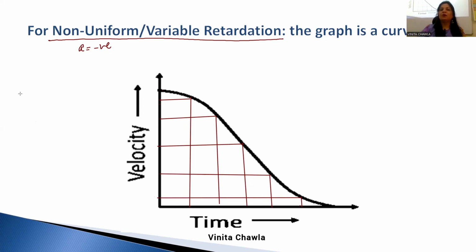You can see here the change is less, more, and greater change here. Yes, so velocity is changing by unequal amount. So velocity is decreasing by unequal amount in equal intervals of time.